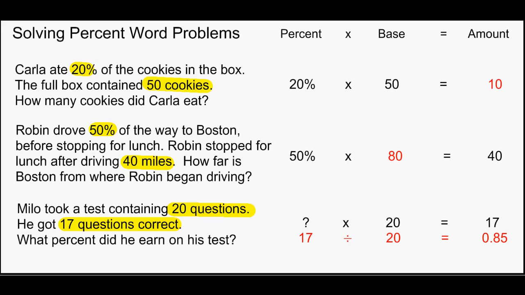Remember, here we find the percent in decimal form when we do our calculation and must multiply by 100 before attaching the percent symbol. 85 hundredths times 100 equals 85%. Milo earned an 85% on his test.